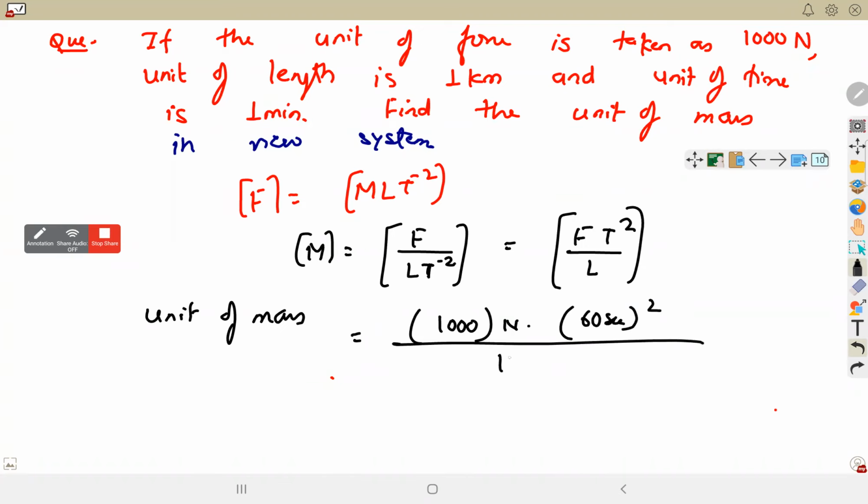And unit of length is 1 kilometer, that becomes 1000 meters. So 1000 gone. 60 square is 3600. Newton second square per meter is kg. So the unit of mass in this new system becomes 3600 kg.